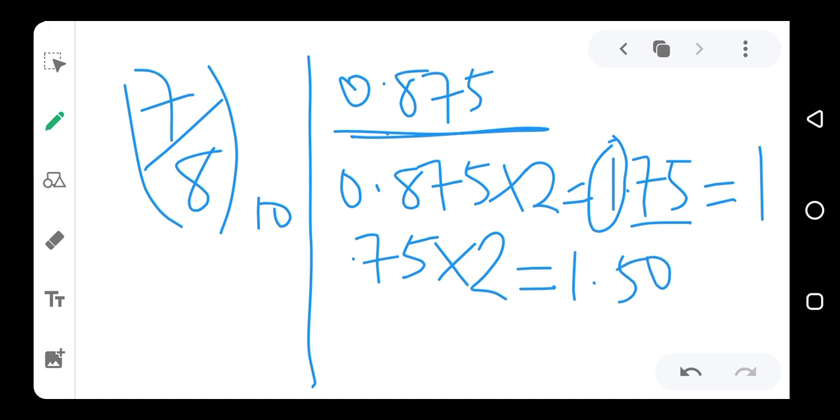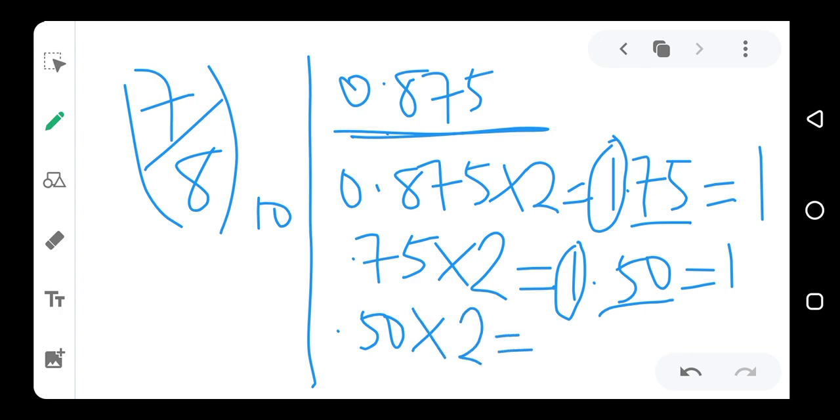1.50. Now again, write the whole number, which is 1. We have 1, and then we carry the decimal point. We now say 0.50 multiply again by 2.